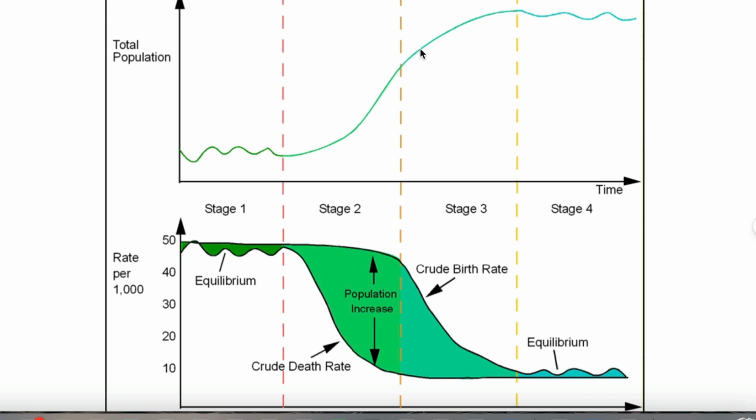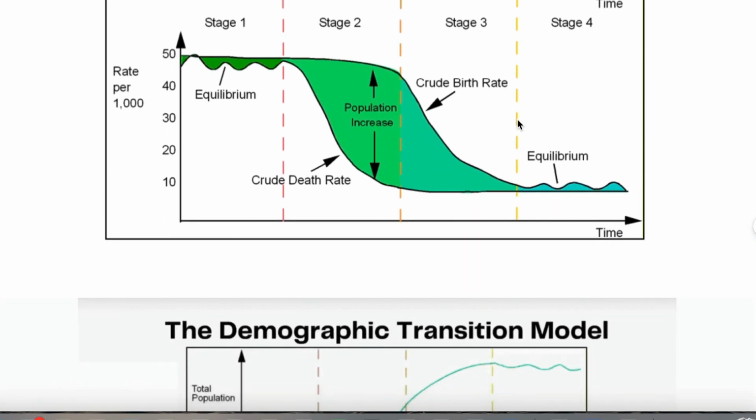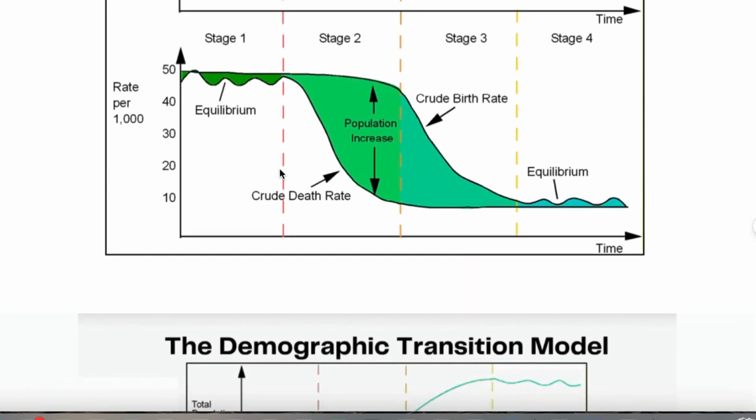Stage 3, we're still having population growth, but it's not quite as explosive. And then stage 4 here, like think a more developed country, richer country, again, it kind of hits equilibrium. So it's steady, higher total population.